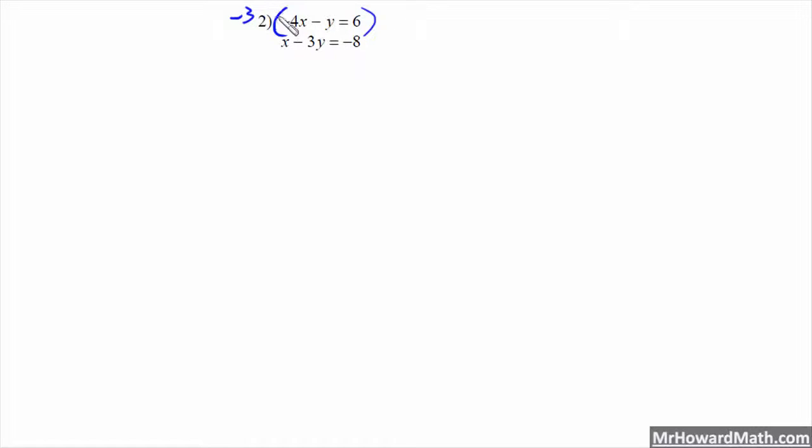That's what I want. So multiply this top equation, distributing that negative 3 in, here, here, and here. So that would become positive 12x plus 3y equals negative 3 times 6, negative 18. I just multiplied these terms by a negative 3. And then the bottom equation stays the same. x minus 3y equals negative 8.